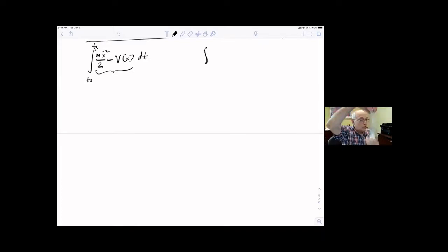So what I want to find is the potential energy of the slinky. Of course, I have to make some simplifying assumptions.